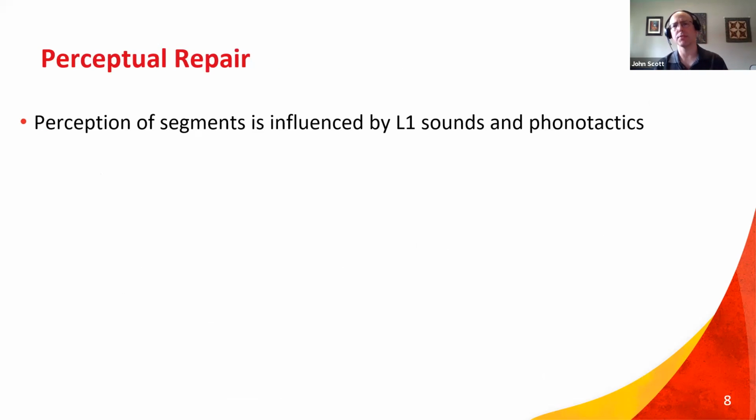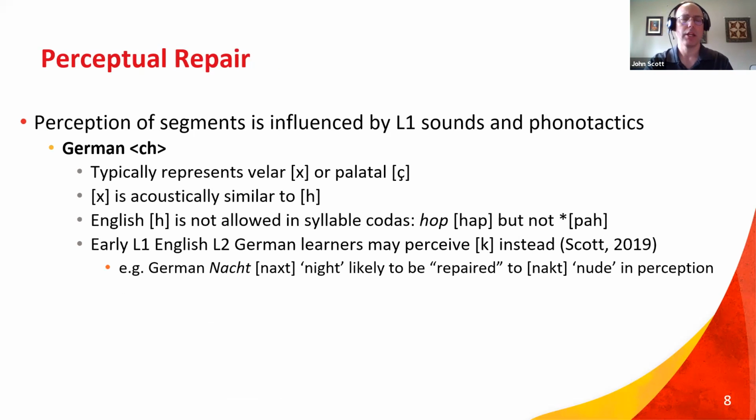Another thing we should keep aware of is that perception can actually change what we're hearing before it reaches our minds to be stored. So our L1, our native language, will influence and kind of filter our intake from the environment. So for example, German has this CH that's kind of notorious. It can be pronounced either as a velar, like in the same position as a K, or as a palatal, depending on its context.